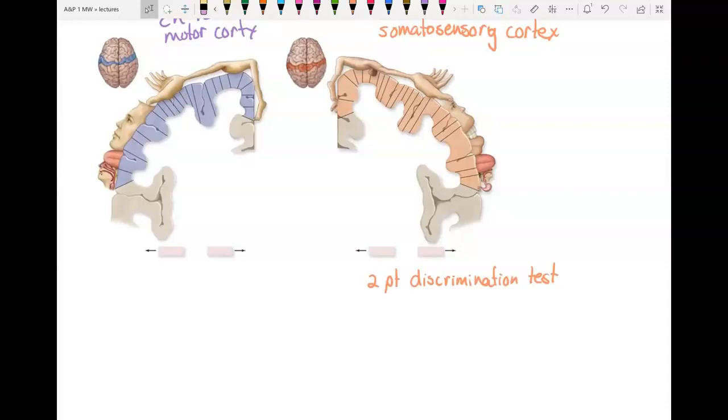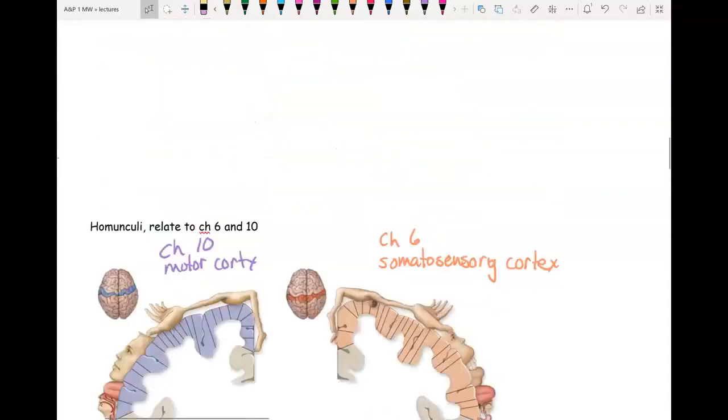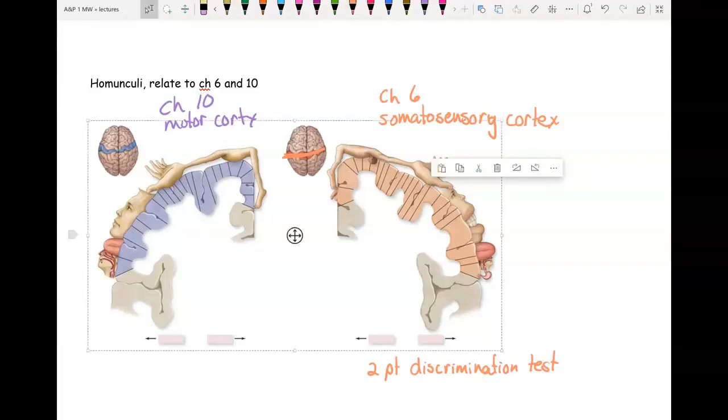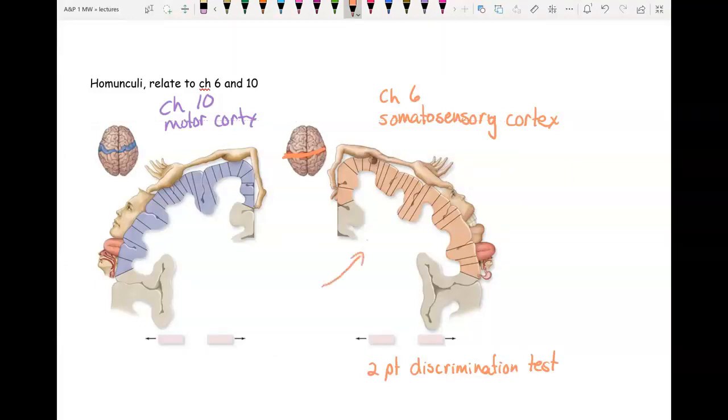So on your brain, all those signals, when you were poking your lab partner, they were going right here to that somatosensory cortex on the brain. And the brain has a map of the body. So for example, if you poked your lab partner on their elbow, that signal from you poking their elbow came into their brain and it went right here to this part of the brain.